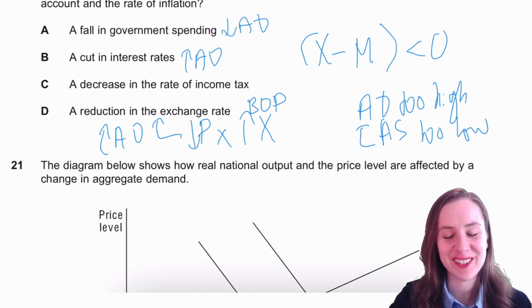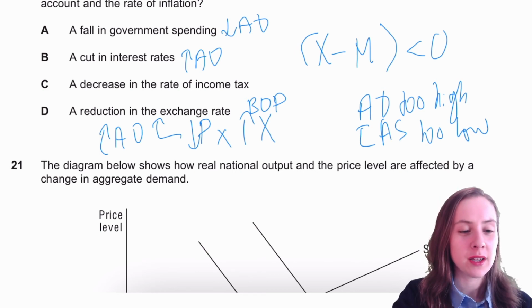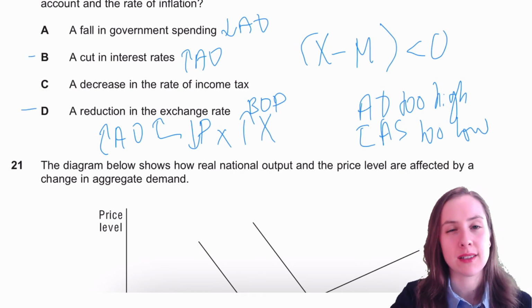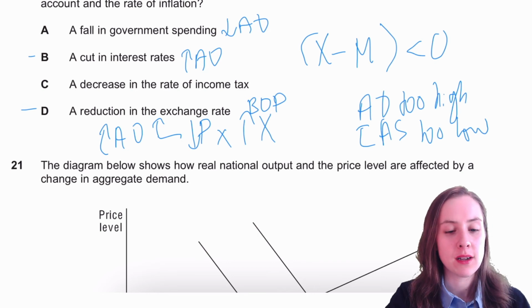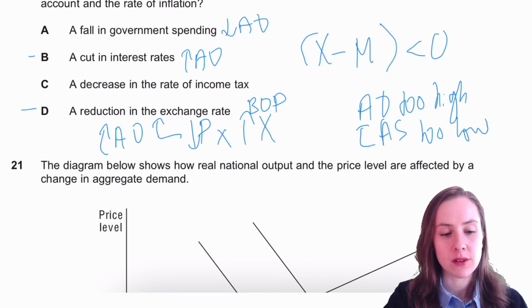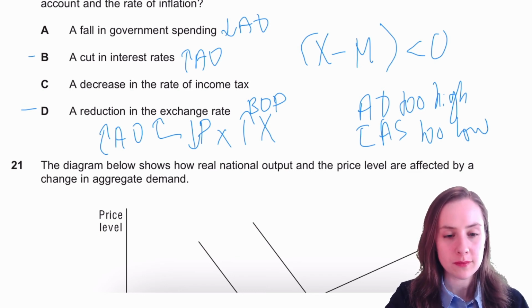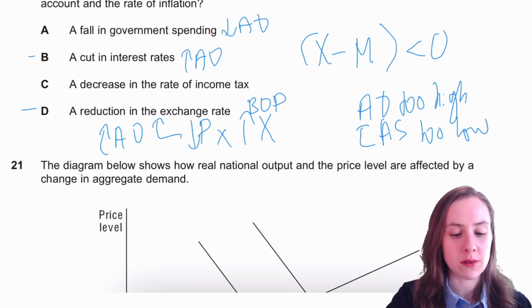Oh, okay, this is the answer. Right, so both C and B sound tempting, right? Because both of them will increase the performance of the economy. D, the lower exchange rate, is going to increase exports, and that's one of the goals that we have here.